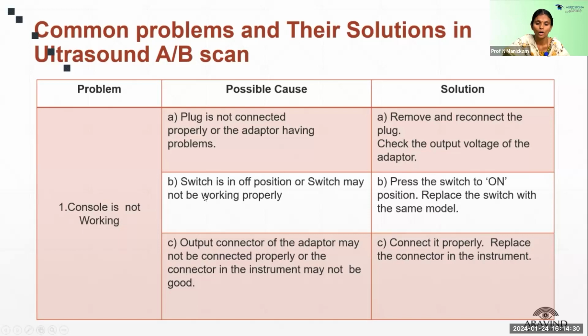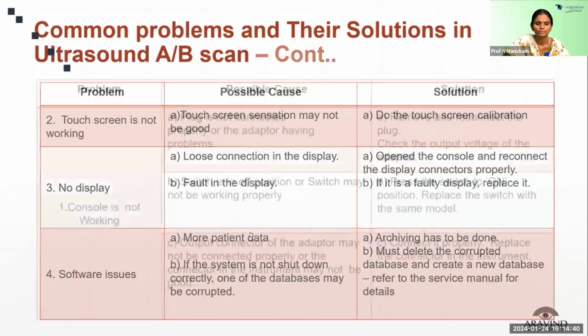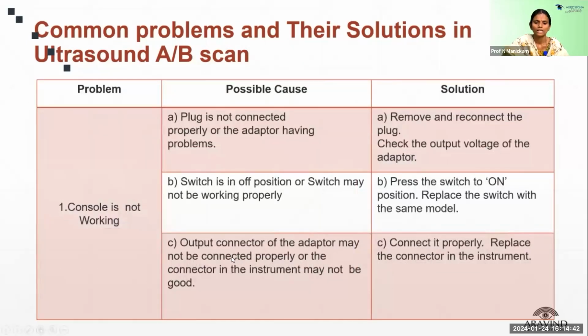Sometimes the switch is in the off position, so press the switch to on. In case the switch is not working properly, replace it with the same model. Sometimes the output connector of the adapter may not be connected properly, or the connector in the instrument may not be good. Connect the output connector properly and replace the connector in the instrument.